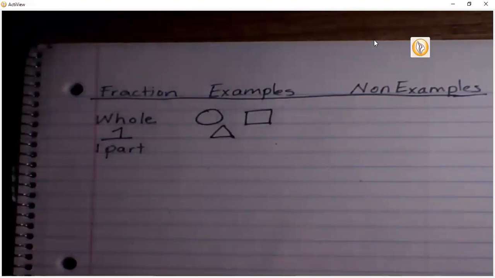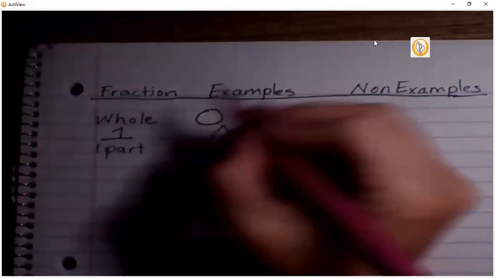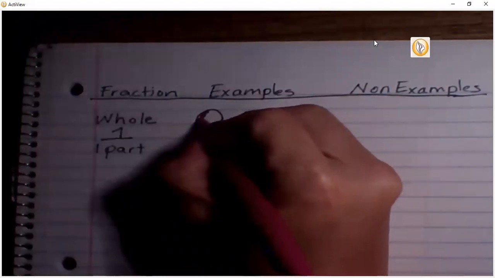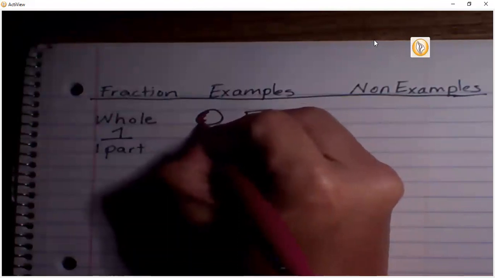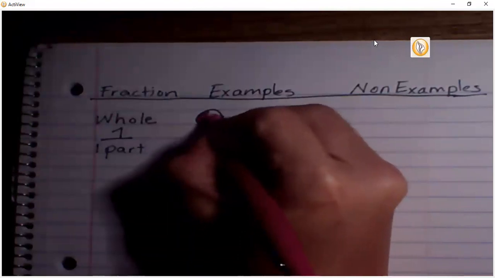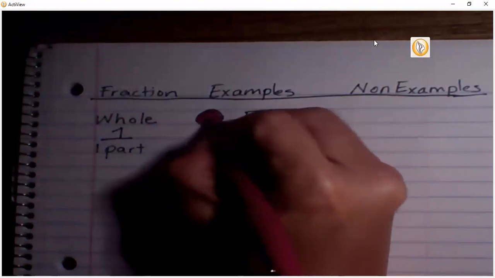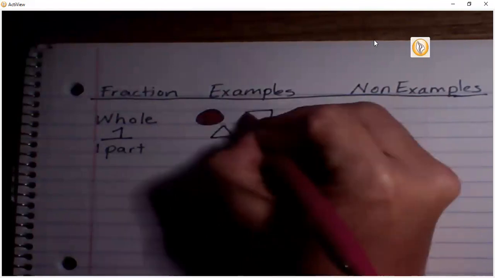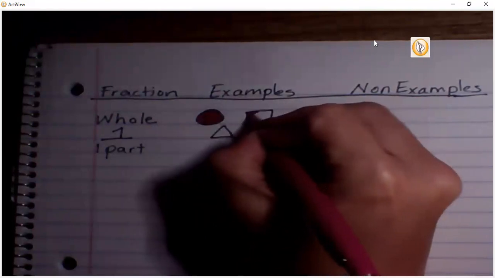I'm going to switch colors, which you don't have to do, but just so you can see it very clearly, I'm going to color in the whole piece. It is not cut up into any smaller pieces at all. It's the whole thing, which is where its name comes from. It's a whole.